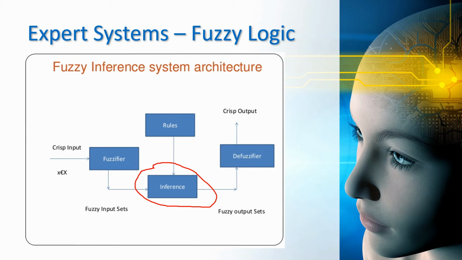We have inference, in which the truth of the premise of each rule is computed and applied to the conclusion of each rule. This results in one fuzzy subset being assigned to each output variable for each rule.